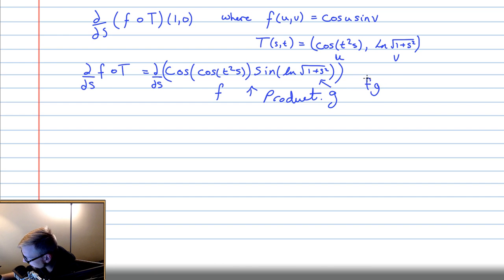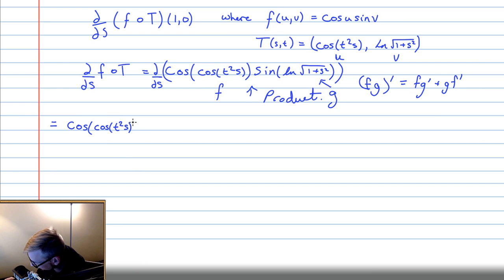So we've got fg prime equals fg prime plus gf prime. With s and an s in here, so let's start. F, we'll write f down: cosine of t squared s. Done. G prime. Okay.